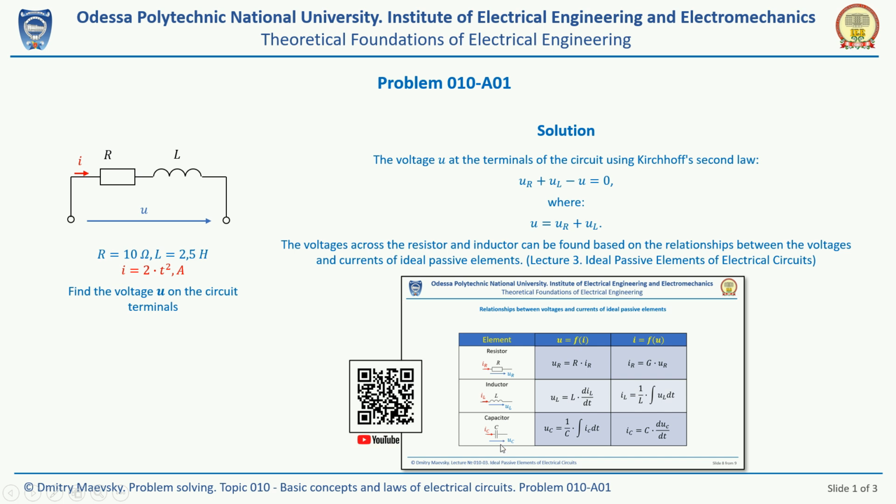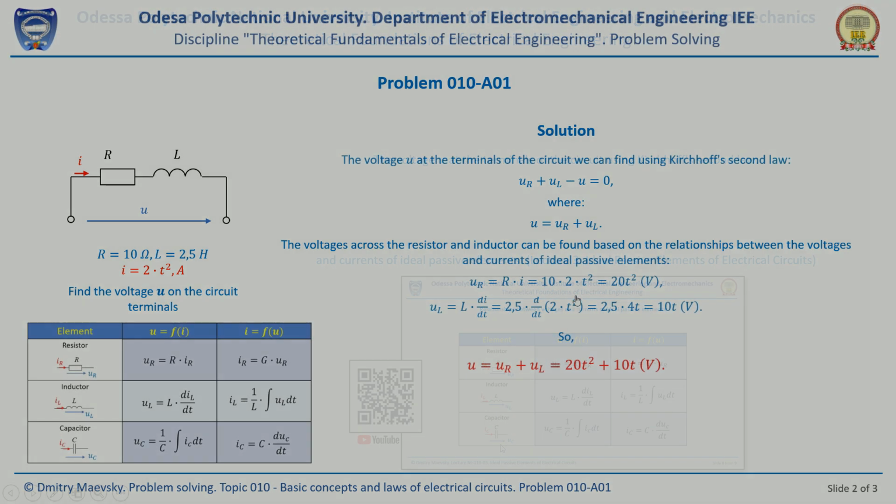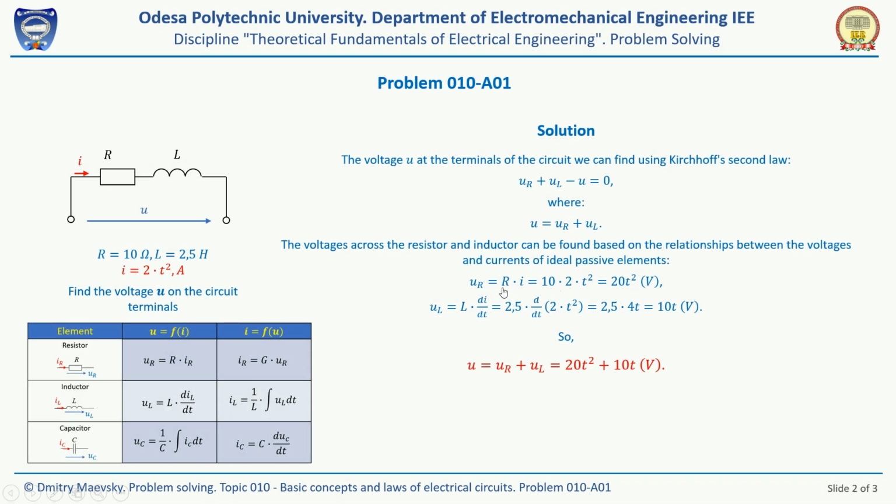I hope you remember these relationships. We will use them to solve this problem. First, we find the voltage across the resistor using this formula. Then, we find the voltage across the inductor using this formula.